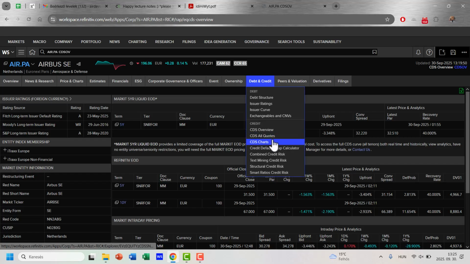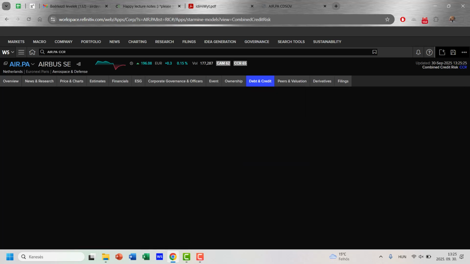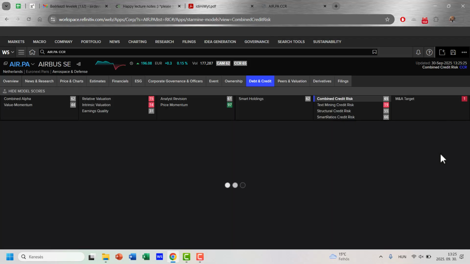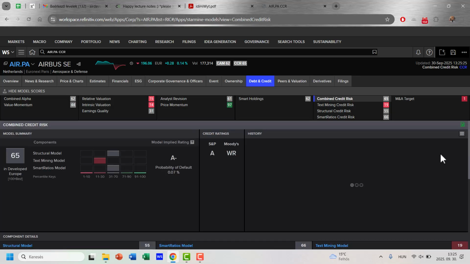Combined credit risk. Oh yes, this is what I was looking for. I wanted to show you this one at the beginning, just now I was able to find it.